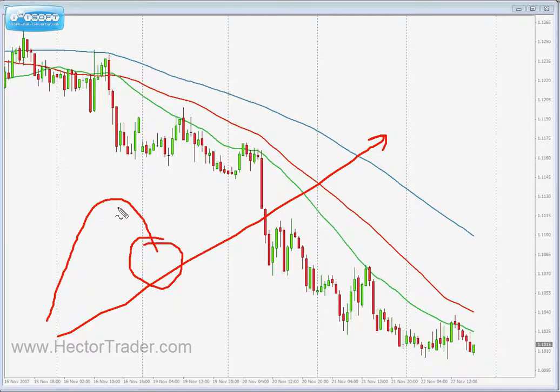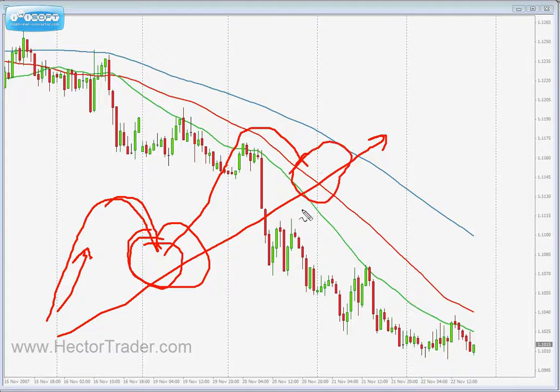Price retraces back, they add to their already long position, and price moves forth into a new swing. Then upon the next pullback they add to their position, and so on and so forth. Same thing as in a downtrend.